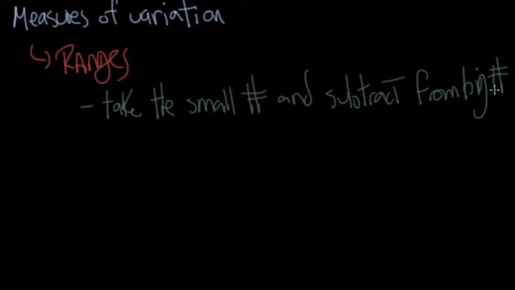So perhaps today we will just dive right into it, and I'll give you some data, and we'll start taking a look at ranges and medians and things like IQRs, lots of different things. So here we go. Here's the example.